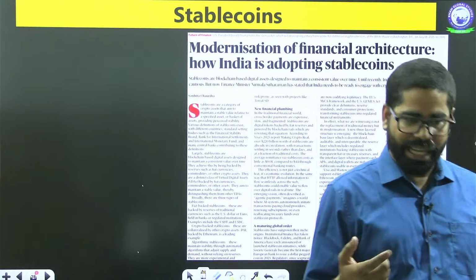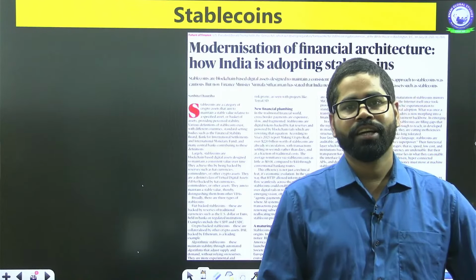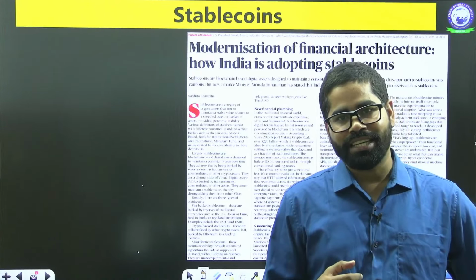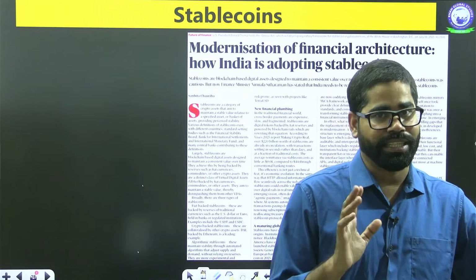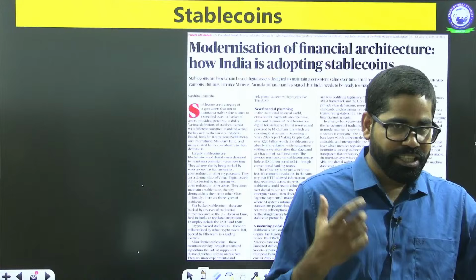That time is over when you could think whether we need to go with cryptocurrencies or not. Now the time is here when India needs to be ready to deal with cryptocurrencies such as stable coins. We need to deal with digital assets or the stable coins. We need to be ready for that.